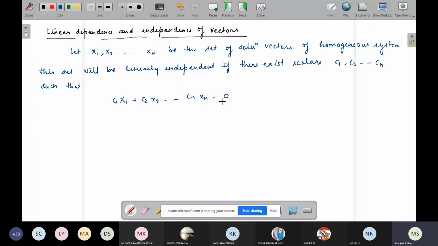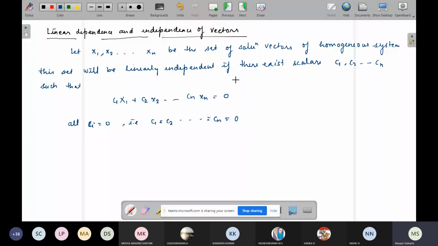And if this linear combination is 0 such that all the ci's are 0, that means when you are taking the linear combination and calculating, all ci's should be 0, that is c1 equals c2 up to cn, all are 0.